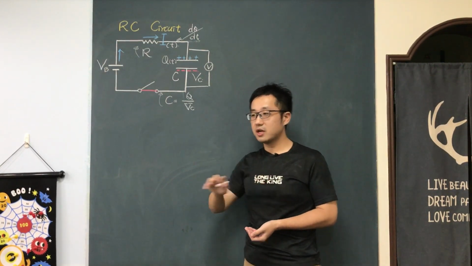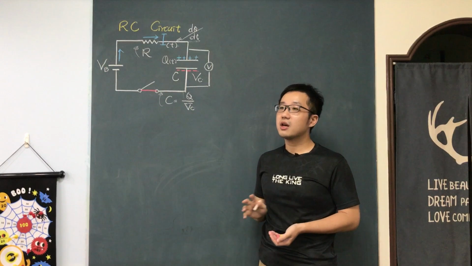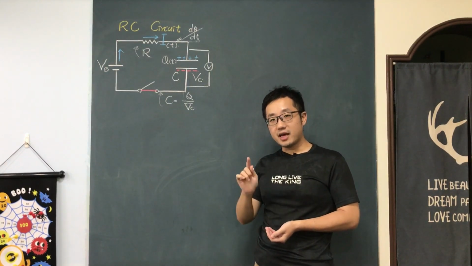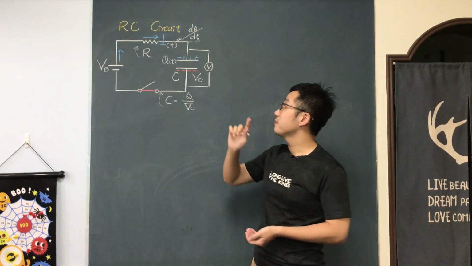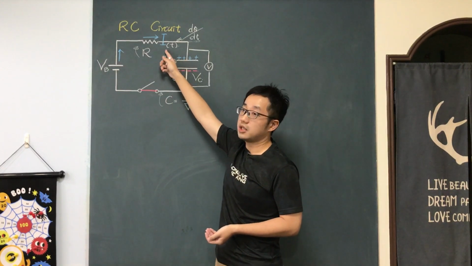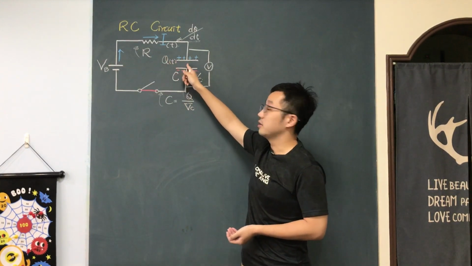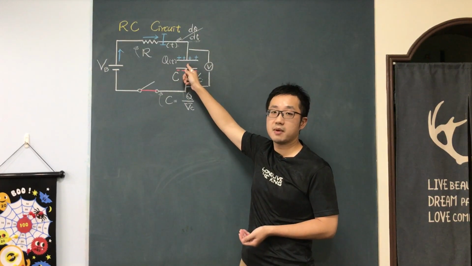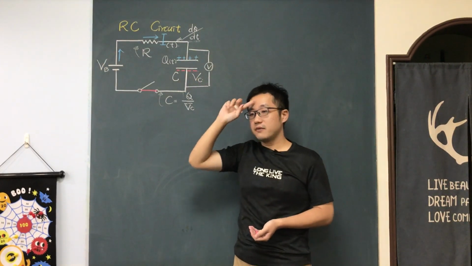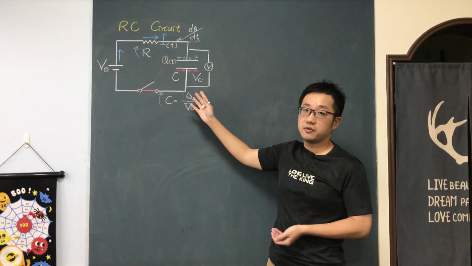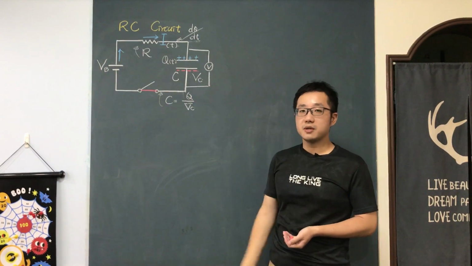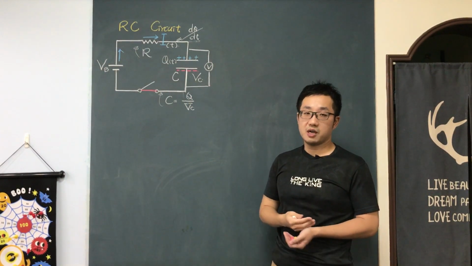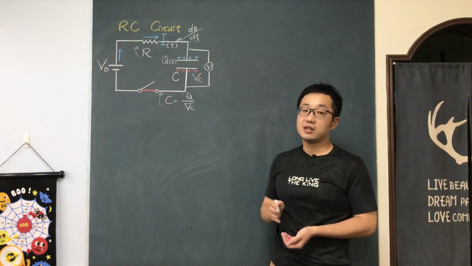Now, before I do any math or calculation, I can expect that the current in the circuit and the charge stored on the plates should be functions of time. Secondly, if I want to charge my capacitor fully, what would be the key determining factors?